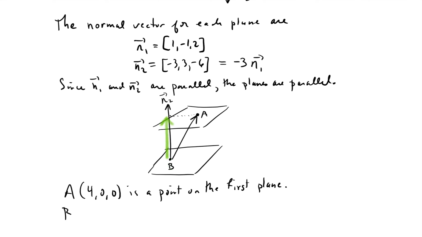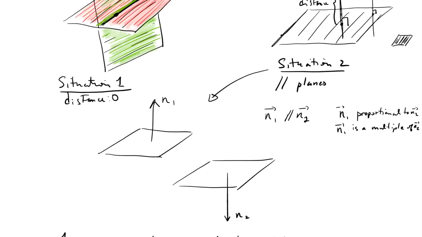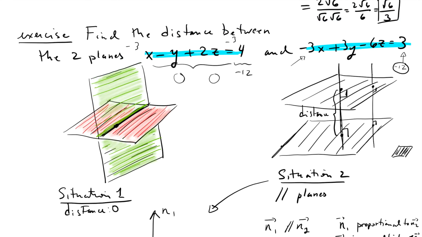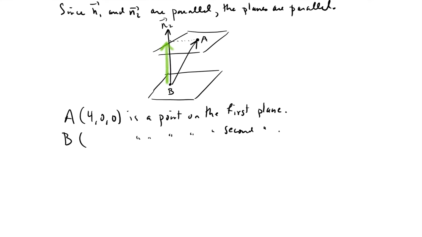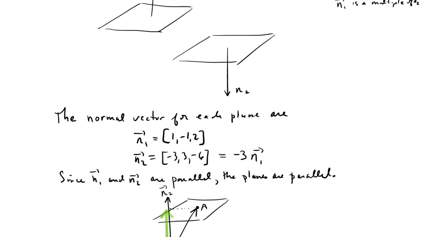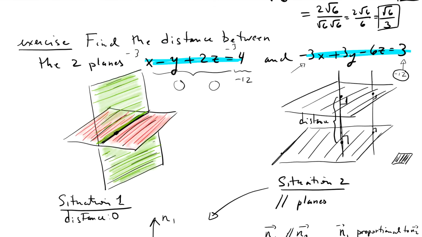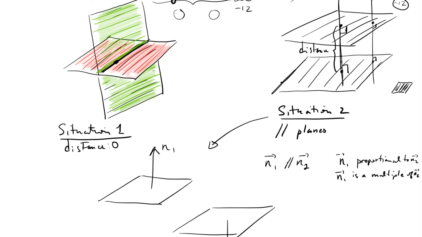And I need B, which is a point on the second plane. I could use the exact same strategy. I could replace x and y by 0 and solve for z. Did I do this right? Yes, 4, 0, 0 and 0, 0, minus 2.